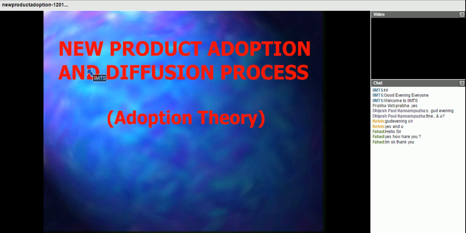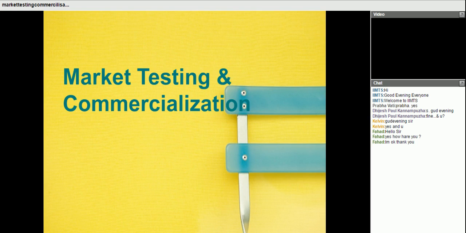This is a part of product management, right? Both these topics come under product management. So we will discuss both these topics today. They come under the category of new product development, under the stages of new product development.